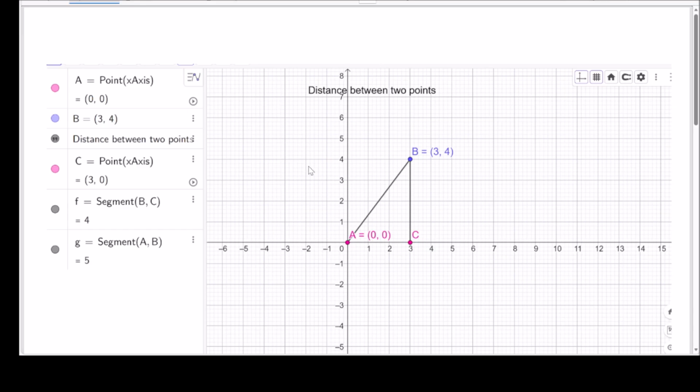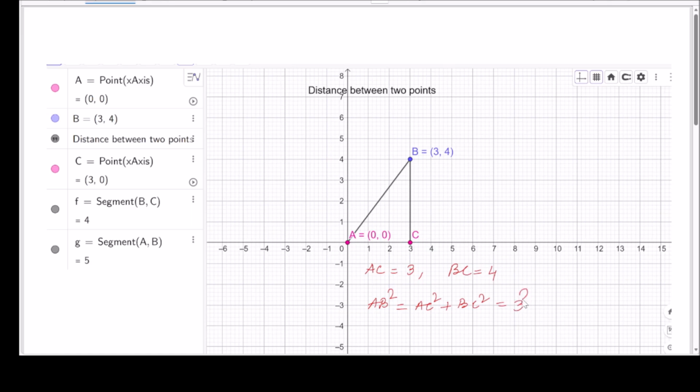To find the distance AB, you can see that AC equals 3 units. So AC is 3 and BC equals 4. So AB square equals AC square plus BC square, applying the Pythagoras theorem.